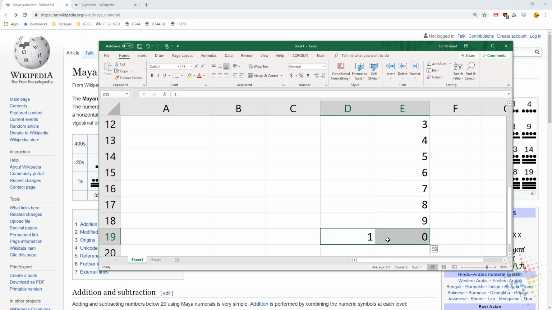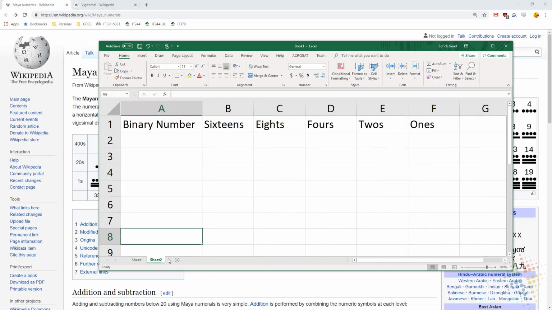Now, the reason why I'm going through this very basic information is because this same idea carries over to binary. So here we have the same format, just talking about binary. Let's give it a number, just one off the top of my head, 101.